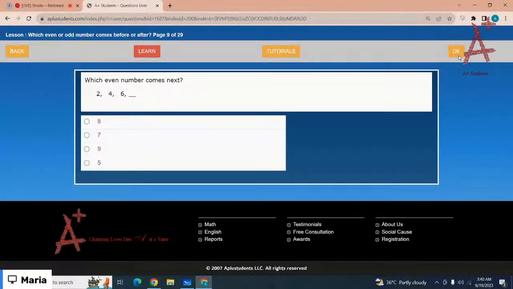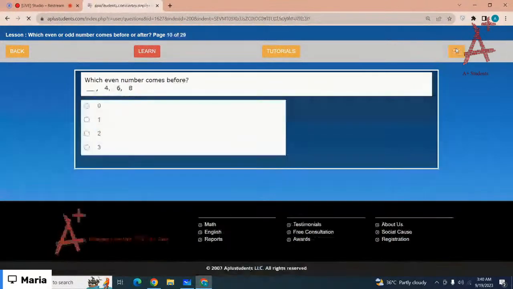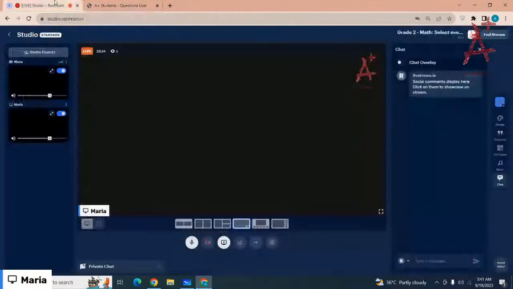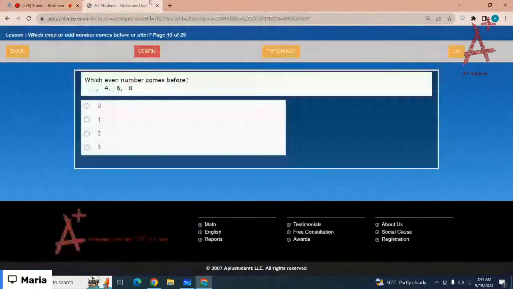Yes, that would be 8, right? Which even number comes before? Before 4, which is the even number? Before it is 2, right? The correct option is 2.